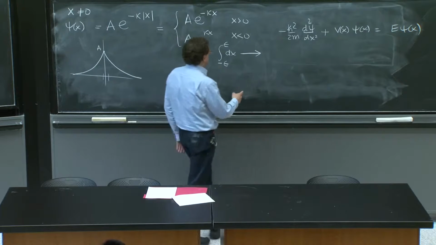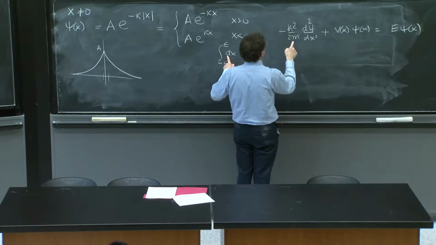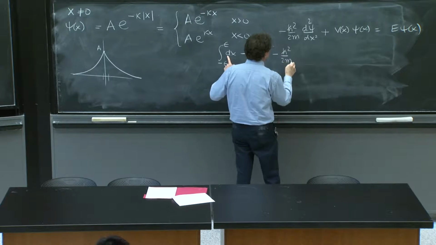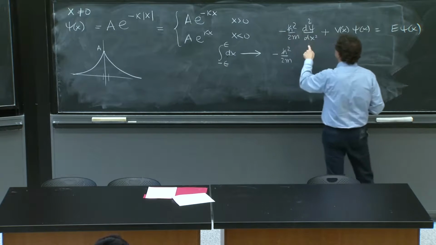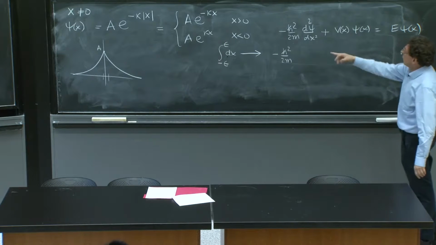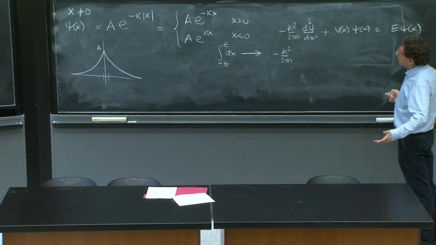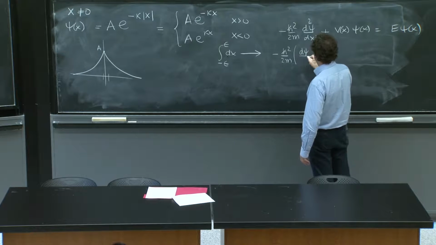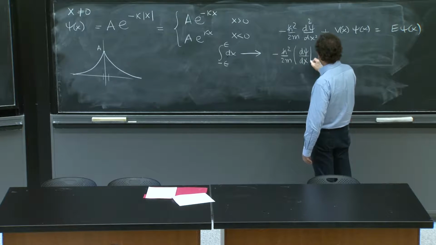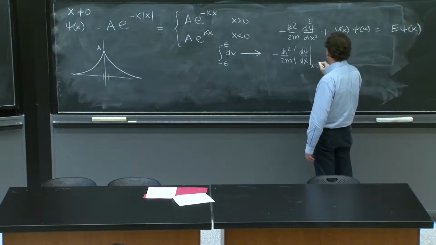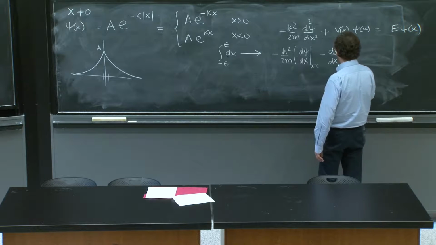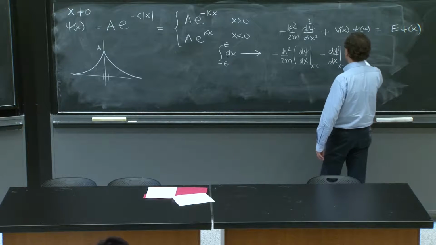So what do we get? If you integrate this, you get minus h bar squared over 2m. And now you have to integrate the second derivative with respect to x, which gives the first derivative. And therefore, this is the first derivative at x equals epsilon minus the first derivative at x equals minus epsilon.